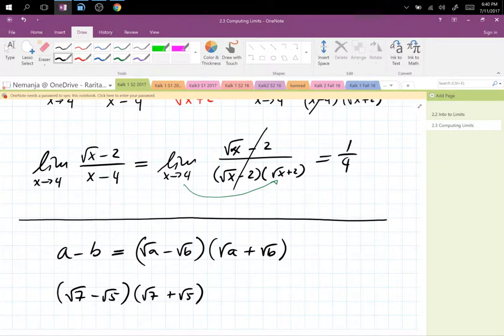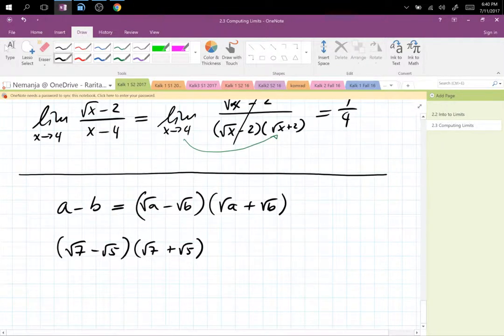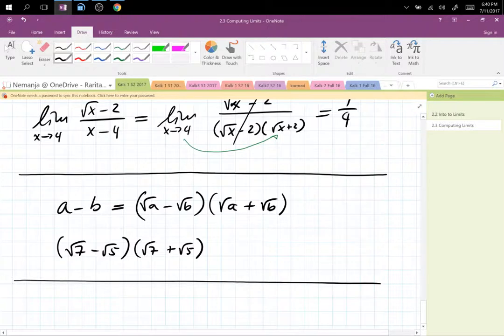So 7 minus 5 is 2. Let's see if we can find something spicier.